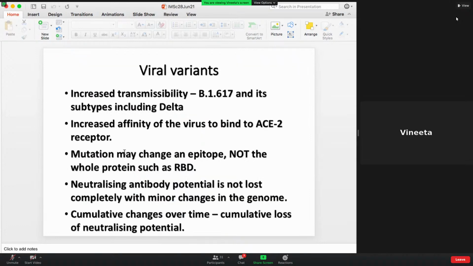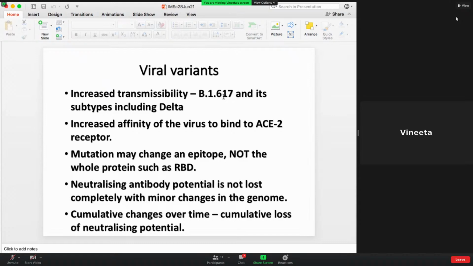So let me mention the viral variants, and I'm not going to go into the details. The variant which caused the major epidemic in the last 2-3 months is identified as B1617, or nowadays it is called Delta. There are Delta and its further variants of the 617, but let's just assume it is Delta that we are talking about.